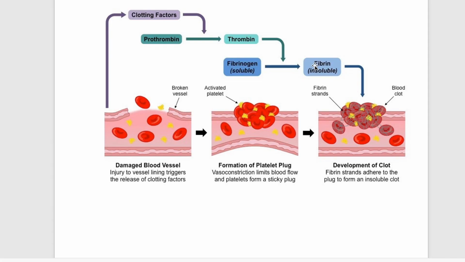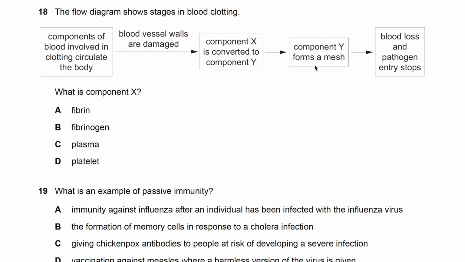Why? Let's go back, okay? Because in the choices, he did not mention the prothrombin. So what is the component? The component X that changed to Y is the fibrinogen that changed to fibrin, okay?